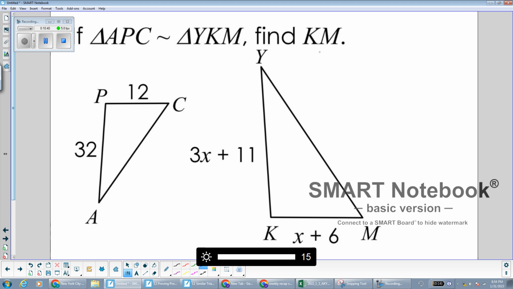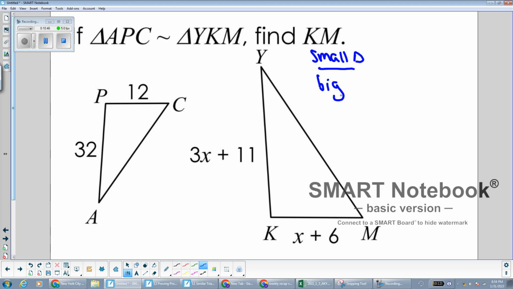When I set up proportions, and there's multiple ways to set up a correct and valid proportion, I like to always set it up the same way. Side from small triangle over corresponding side from big triangle equals side from small triangle over corresponding side from big triangle. So I'll take the 32 first, a side from small triangle.